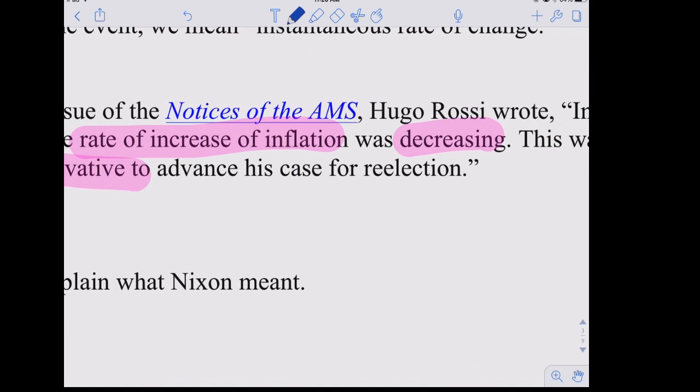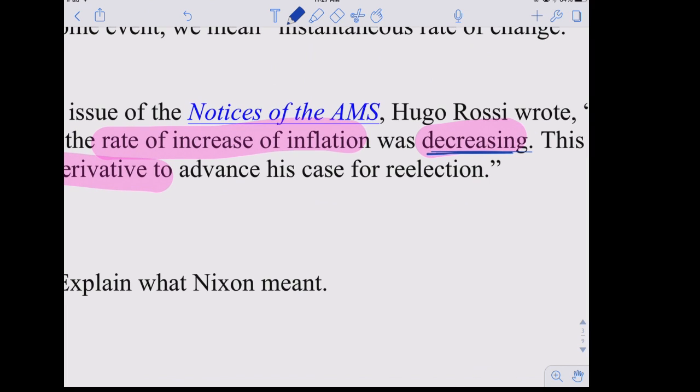Let's see why this is the third derivative. I told y'all that anytime you say the word increasing or decreasing, you're talking about a rate of change, right? So there's one, decreasing. Rate of increase, that would be another one. Where's the third one? Inflation itself is a rate of change.